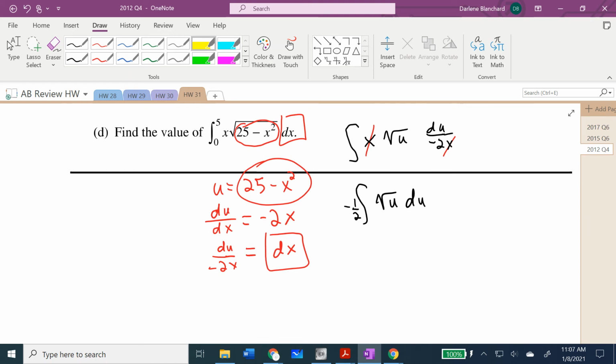You need to change the 0 and the 5 into values of u, because right now those are on dx's integral, and we're going to transfer them to a du integral. And the rule is the lower limit needs to have its equivalent u go into the lower limit. So if x is equal to 0, I plug that in.